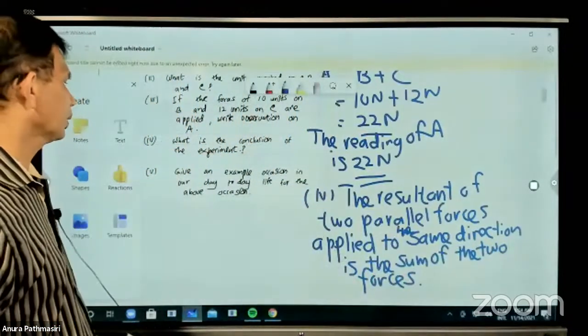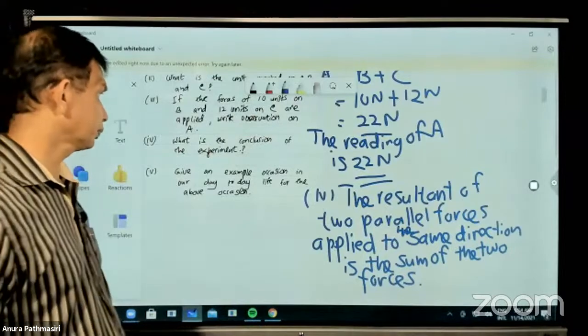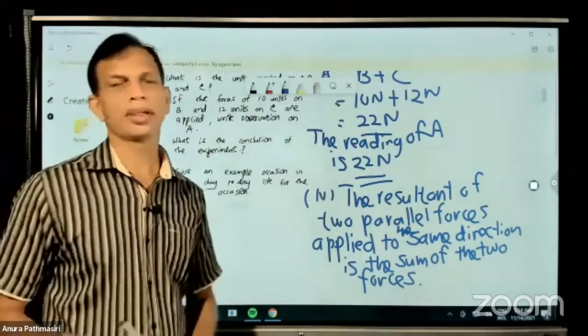Give an example occasion in our day-to-day life for the above occasion.